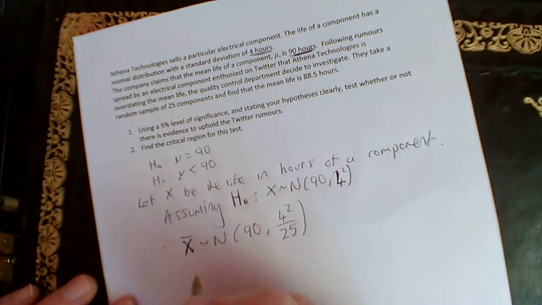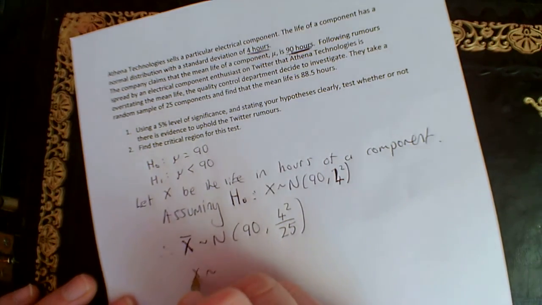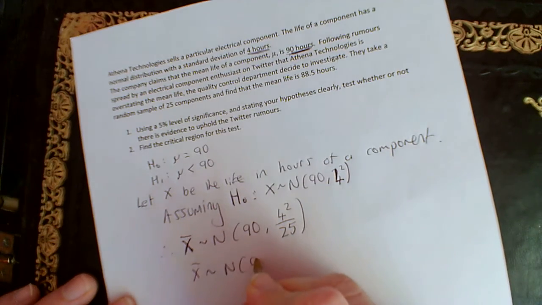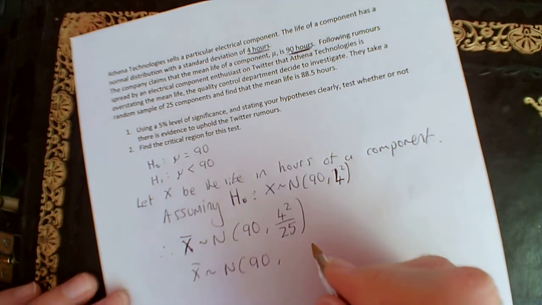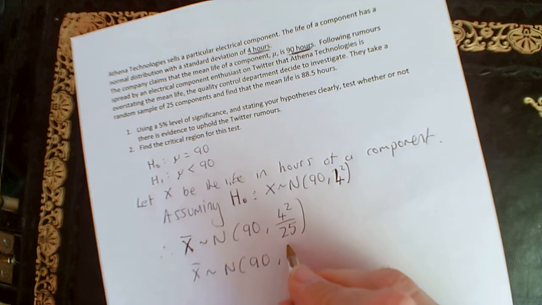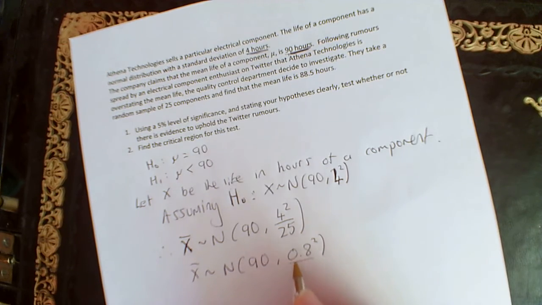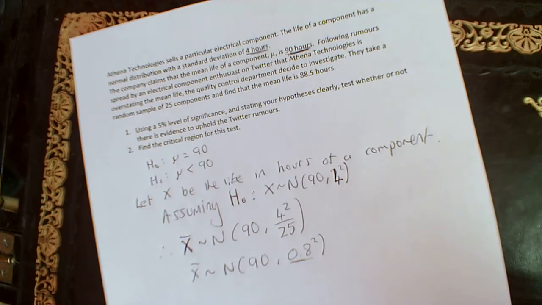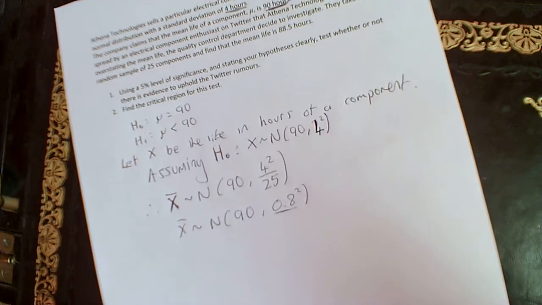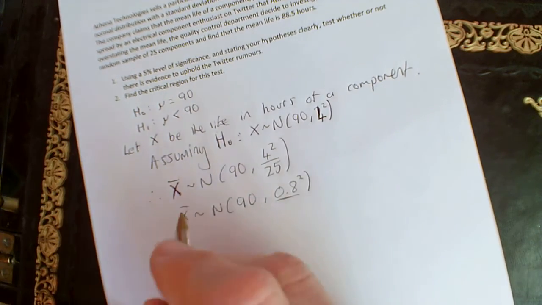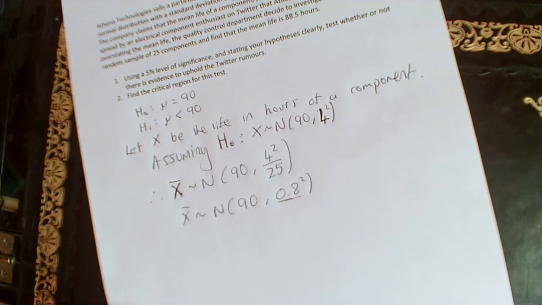I could probably write that more usefully like this: 90, and 4 over 5, which is 0.8, squared. So you've got there your standard deviation for the distribution of means, which is what we need. So that's the distribution we're interested in.